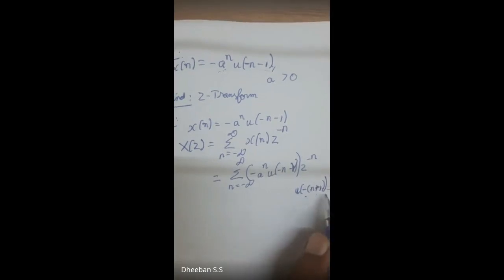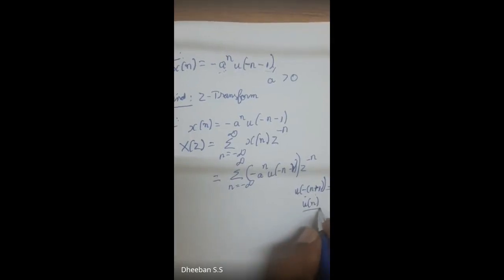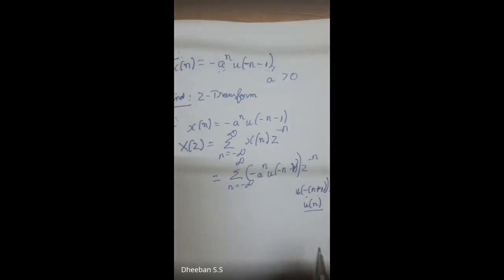When it is equal to 0, u of n is a unit value, so it takes the value of 1.